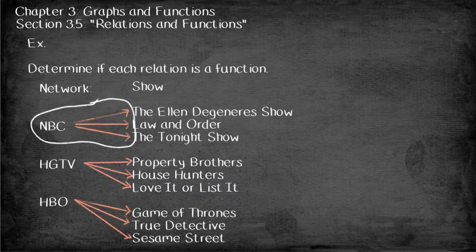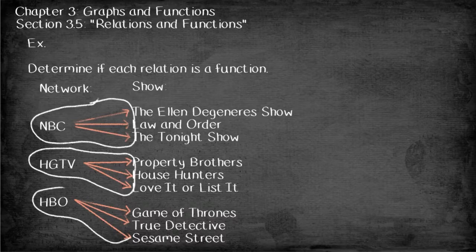An easy way to tell whether something is or isn't a function when using these arrows to illustrate the relation is whether I have more than one arrow coming out of the same item. So I have more than one arrow coming out of NBC, HGTV, and HBO. So this is not a function.